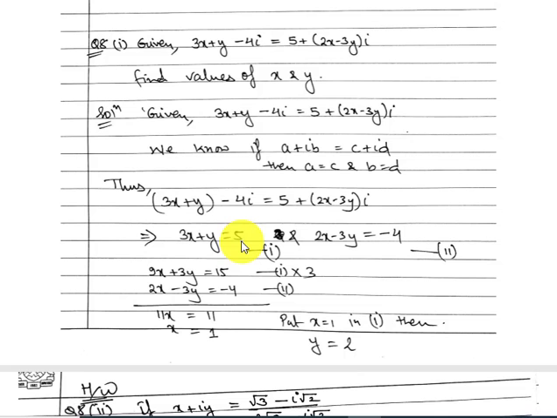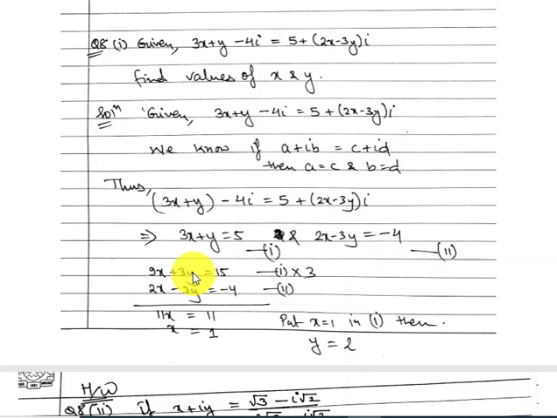So I got two simultaneous equations, and you know how to solve them. Here I've got 3x and here 2x, here it's y and here it is minus 3y. If I multiply the first equation by 3 to make it plus 3y, and then add it to the second equation, the 3y and minus 3y will cancel. So I multiply the first equation by 3, it becomes 9x plus 3y equal to 15, and we don't have to do anything in equation 2.